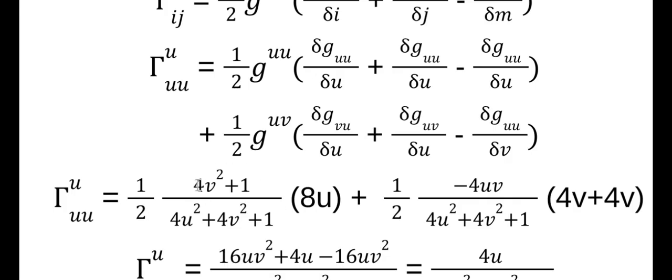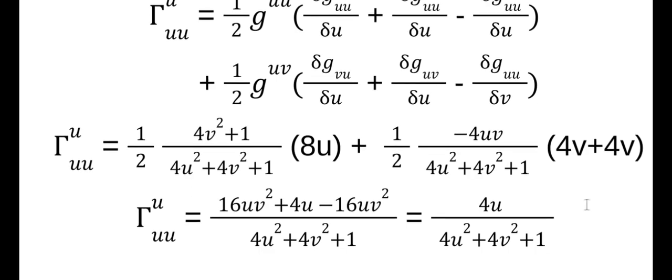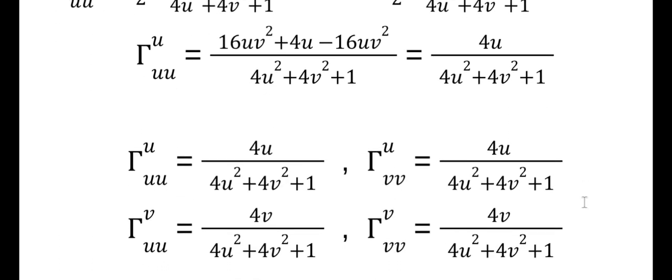That gives us 16uv squared plus 4u minus, that 2 makes that a 2, so this is 2 times that, which gives 8uv squared. These two cancel. We get 4u over this. So here are the other three. We have 4 non-zero components of the Christoffel symbol using this parameterization.